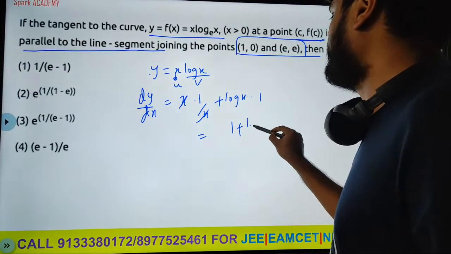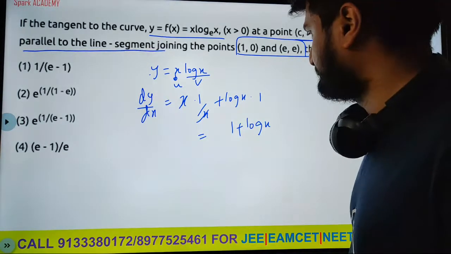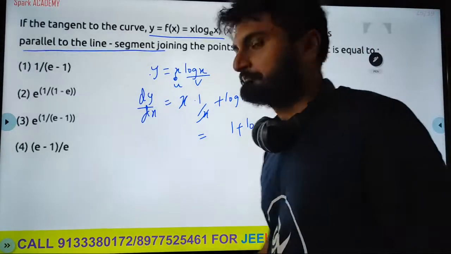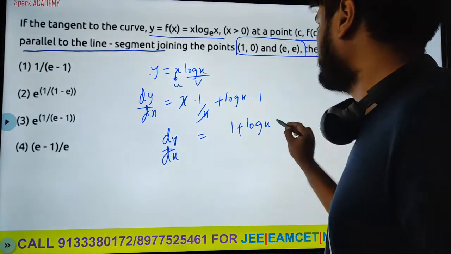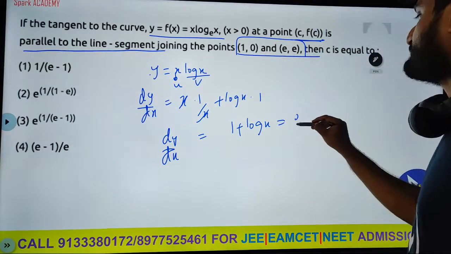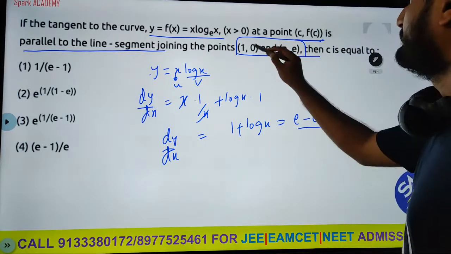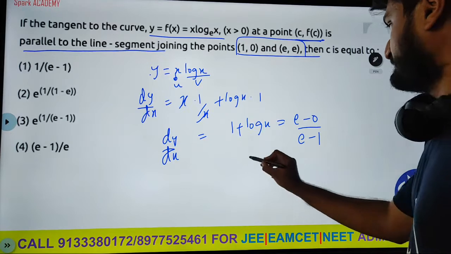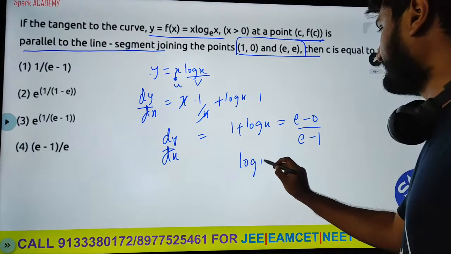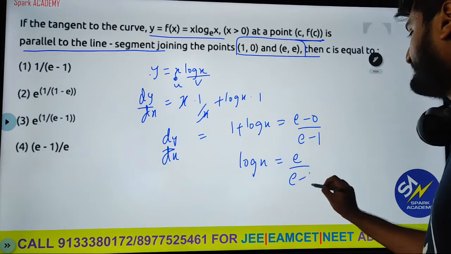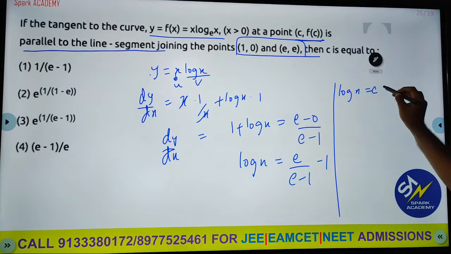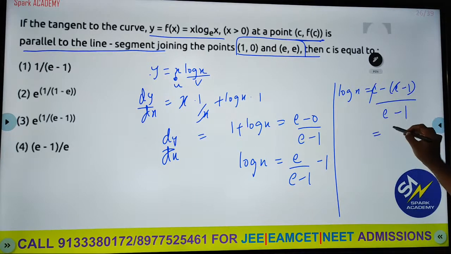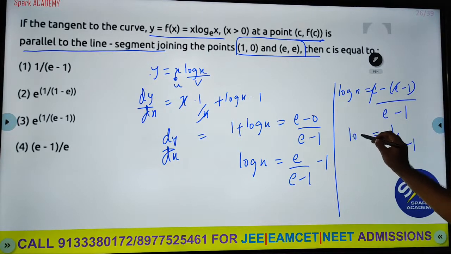So this is 1 plus log x we are getting. This is dy by dx, which is the slope of the tangent. Now again I can use y2 minus y1, which is e minus 0 by e minus 1. So log x I can write as e by e minus 1 minus 1, or log x is e minus (e minus 1) by e minus 1. e cancelled. 1 by e minus 1.